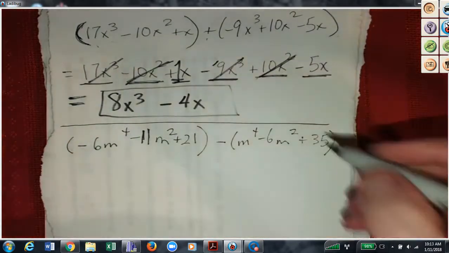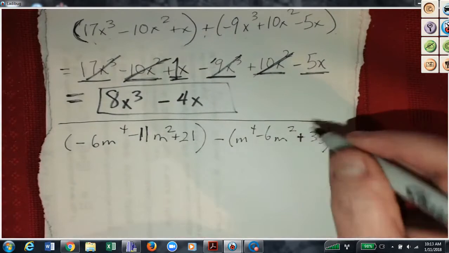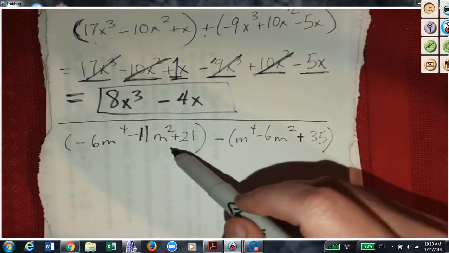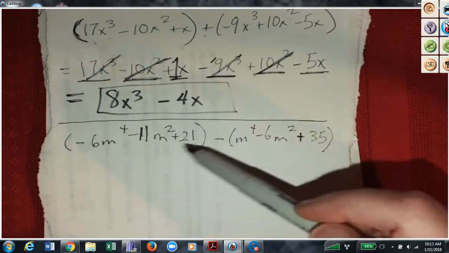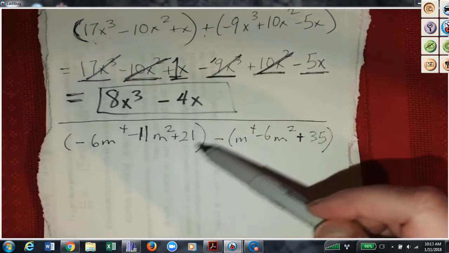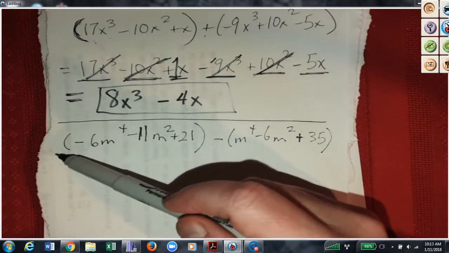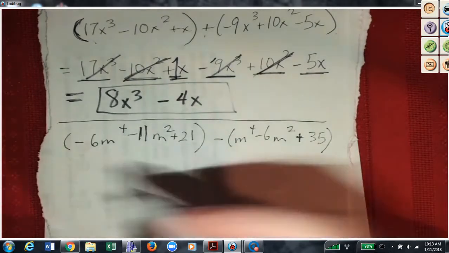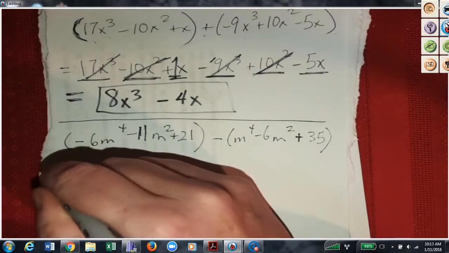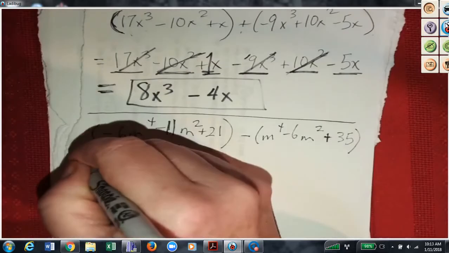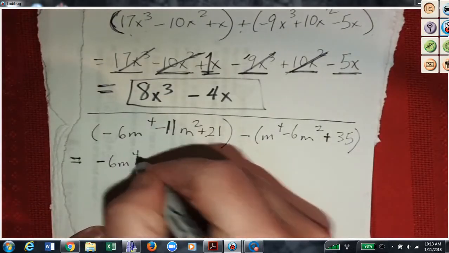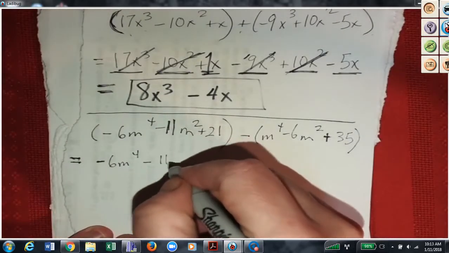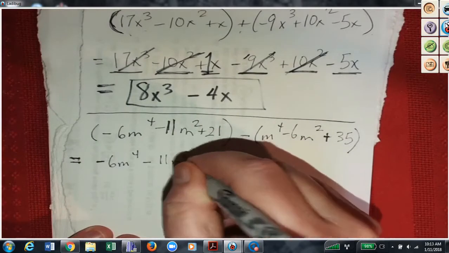Okay, so now I've got this polynomial, and I want to subtract it from that polynomial. If I look at the first polynomial, outside the parentheses, there's nothing here. So I can drop the parentheses and just copy what's in there straight down.